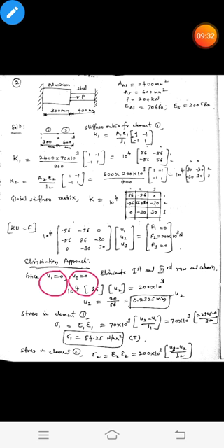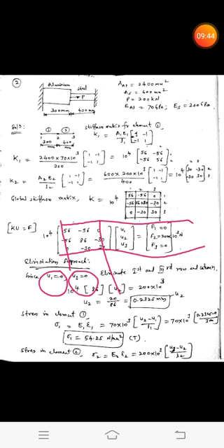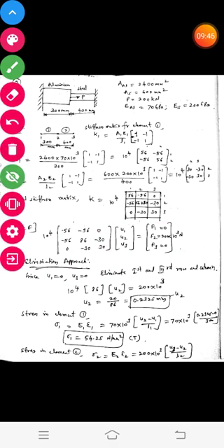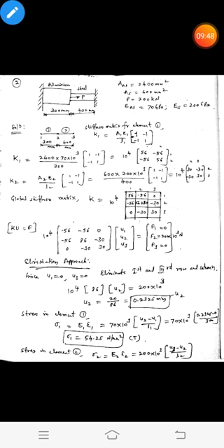Eliminate first row, first column, third row, third column. Hence the remaining equations to be solved: if U1 and U3 are known to be 0, there is no need to solve for them, you only solve for U2.